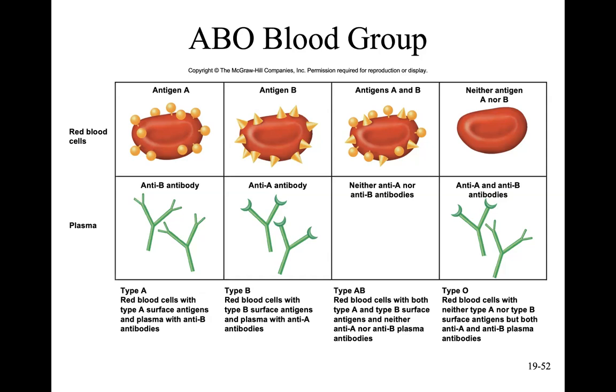Now, specifically type O negative. Type O negative is what we call the universal donor, right? O meaning that they don't have the A antigen or the B antigen. Because they don't have either of them, nobody makes antibodies to them. And nobody makes antibodies to their blood.